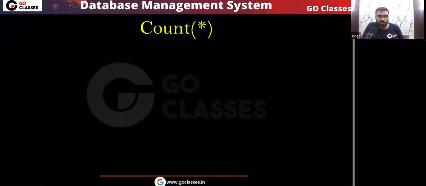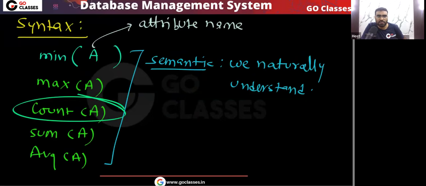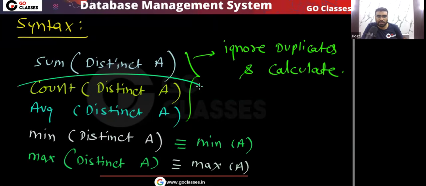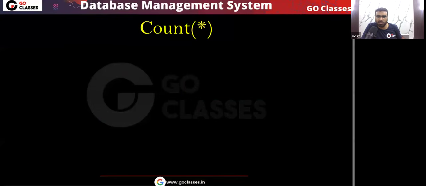But before that, one more thing I want to tell you, that is count star. This is special. Again, don't confuse count star with count of A. We have seen count of A. This is different. Count star is very special. What will count star do?